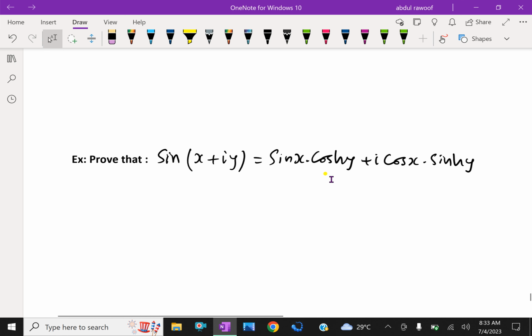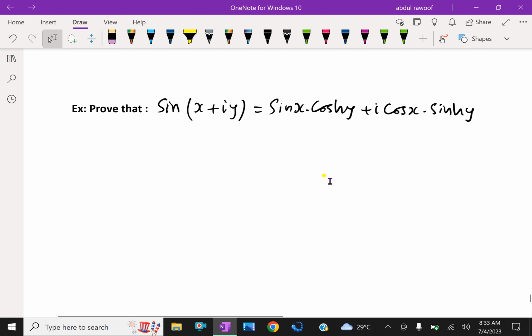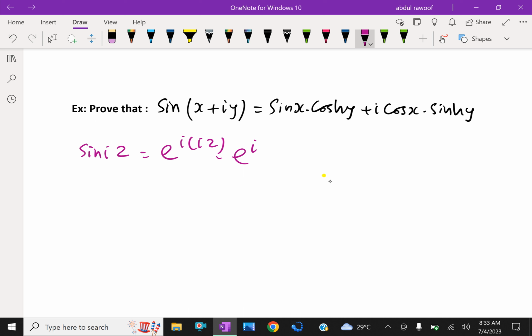For this, we have to first find sin iz. sin iz equals (e^(i·iz) minus e^(-i·iz)) over 2i.